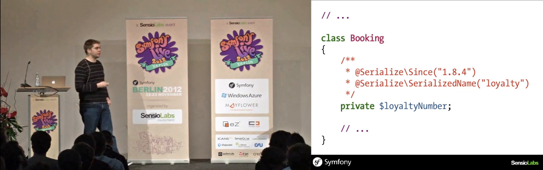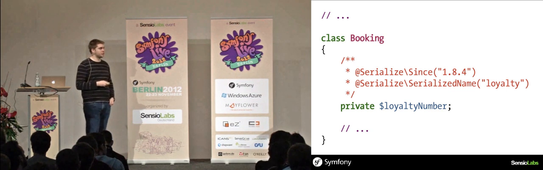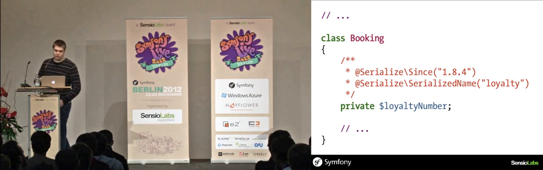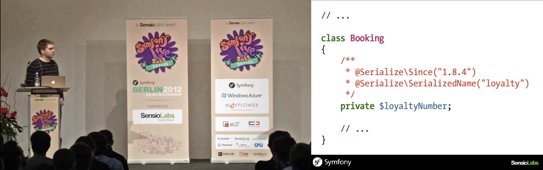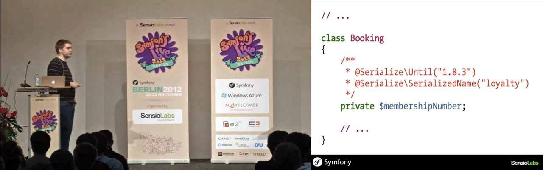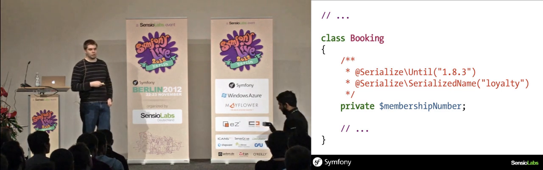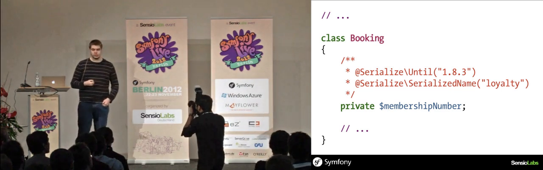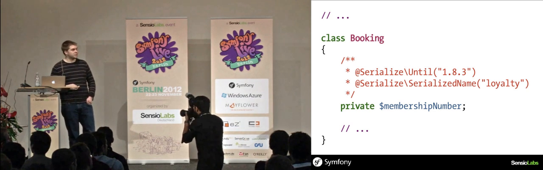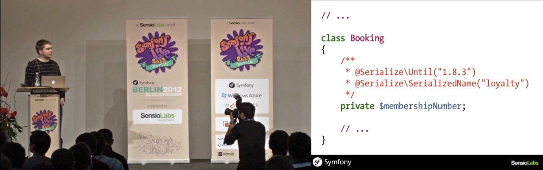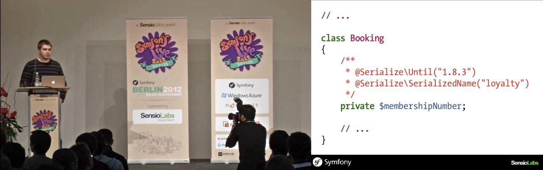So you can change the name of the tag you will have for this property. So since 1.8.4, I will have this loyalty number. And you can use also until, which means before we added another property, which was membership number. So it's valid until 1.8.3.